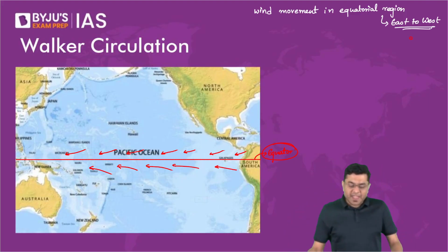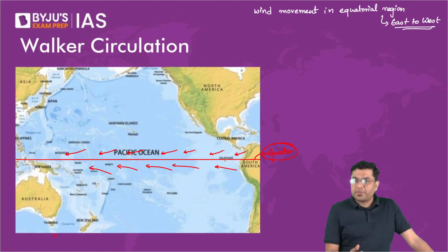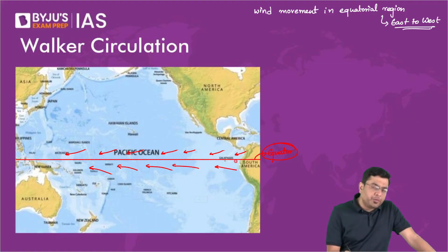So that is where the general motion is from east to west. Now these winds will be dragging the surface water along with them, isn't it? So as the surface water is dragged, surface water is the warmer water region. Now it will be dragged up till what extent? Up till the region where they face an obstruction.